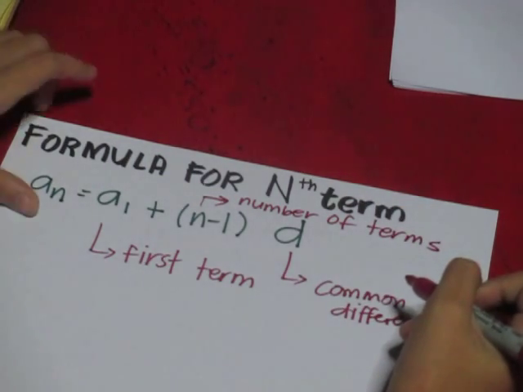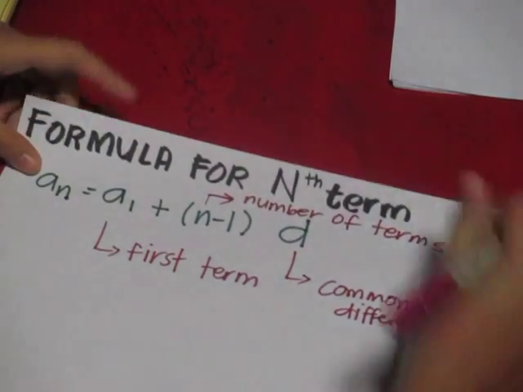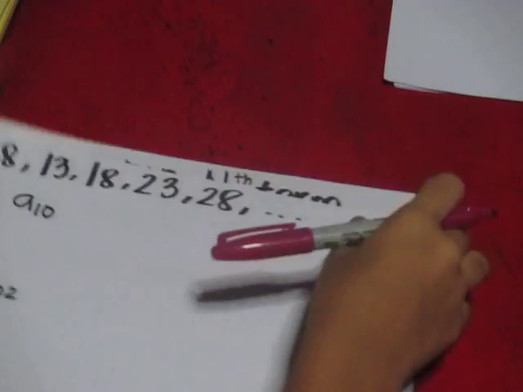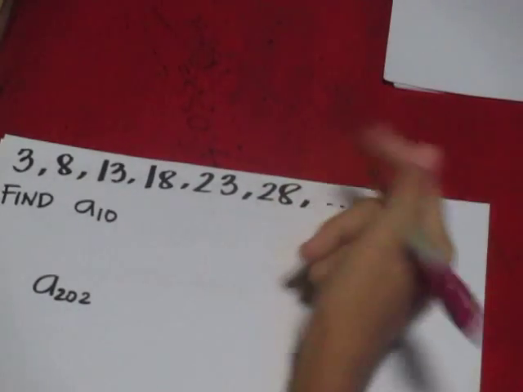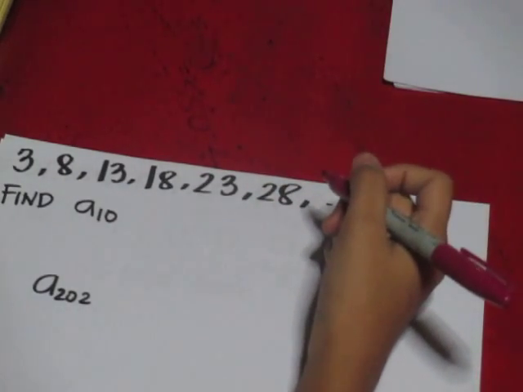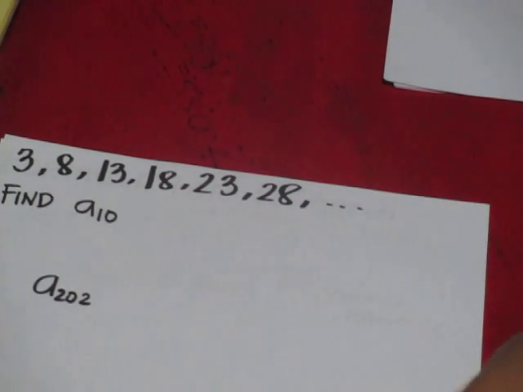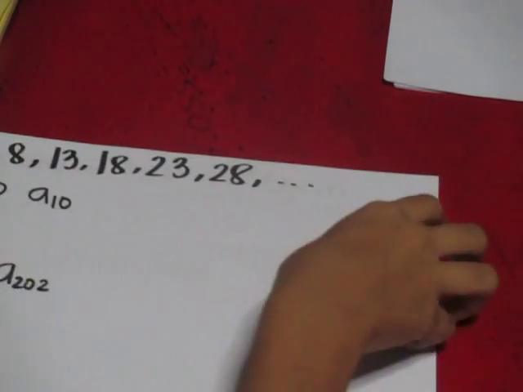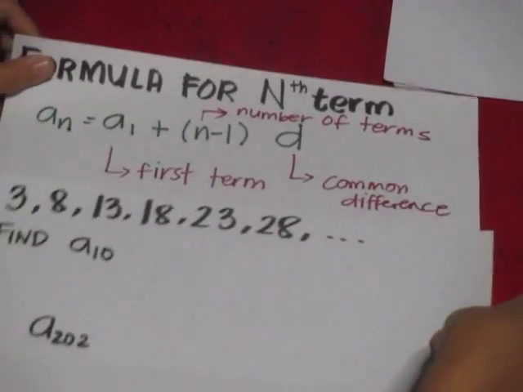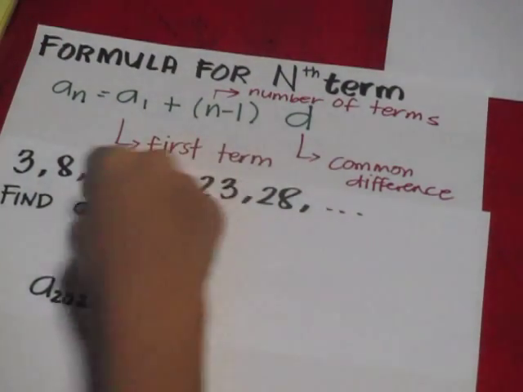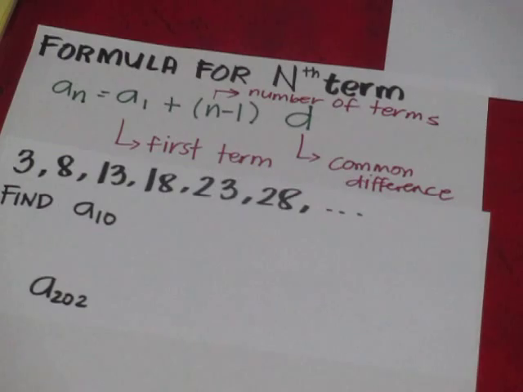Okay, so let's have an example. Suppose we have the arithmetic sequence 3, 8, 13, 18, 23, and 28. We need to find a sub 10. So we're going to substitute the given into the previous formula.